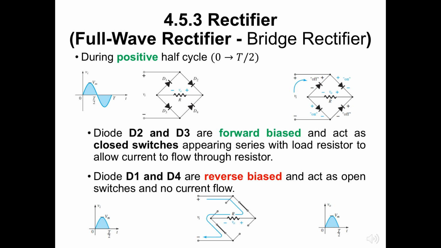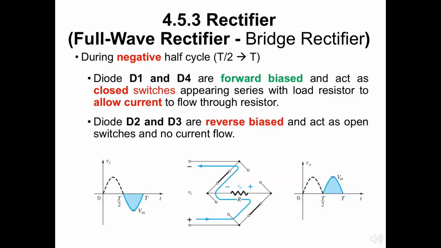The net result is the configuration of the figure at the bottom, with its indicated current and polarity across R. Since the diodes are ideal, the load voltage VO is equal to Vi.